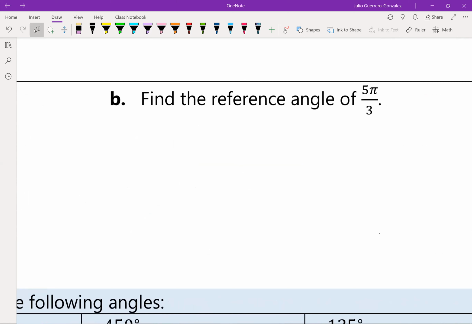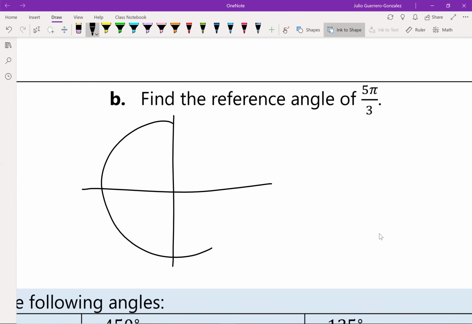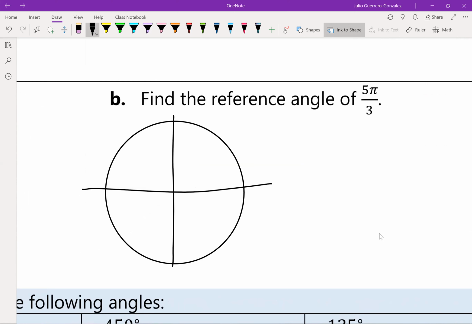Reference angle of 5 pi over 3. Same idea. I'm going to draw my axes and my circle. I'm getting better and better at this. I'm going to do 1 pi over 3, 2 pi over 3, 3 pi over 3, 4 pi over 3, 5 pi over 3.